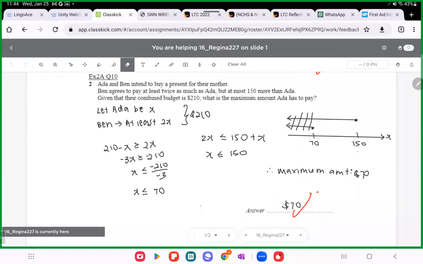Across the entire class, this is the most proper answer and presentation of working. An exam wouldn't come out like that, we wouldn't expect you to only make use of the 2x and x. Now there's a loophole, you're very smart. 2x plus x, very smart people.